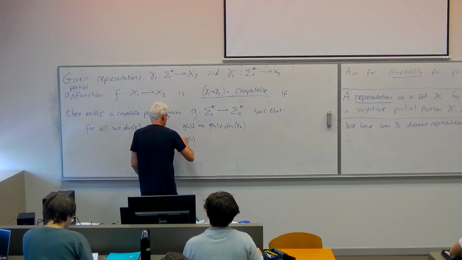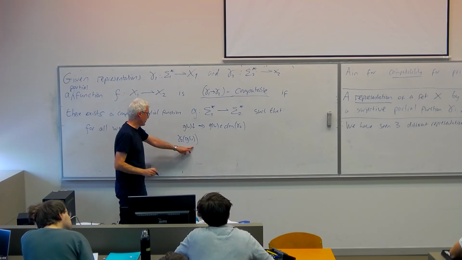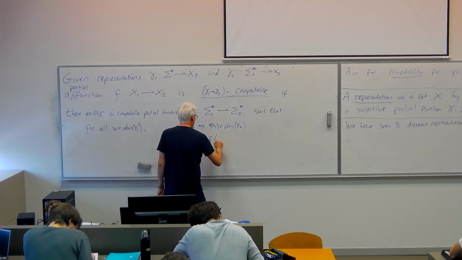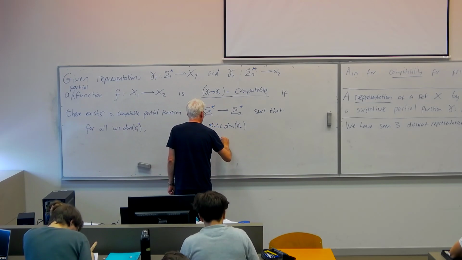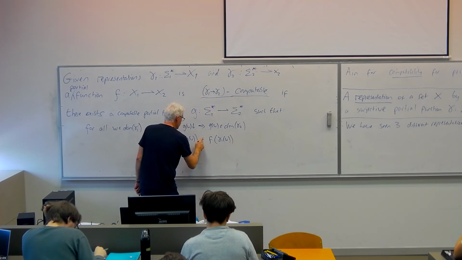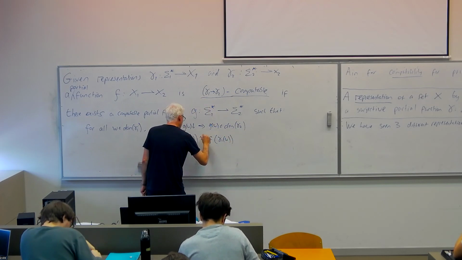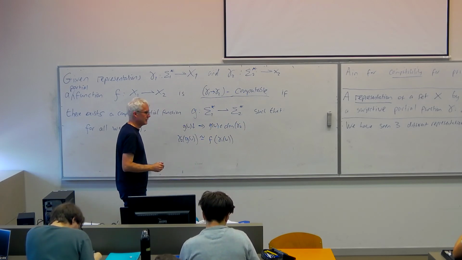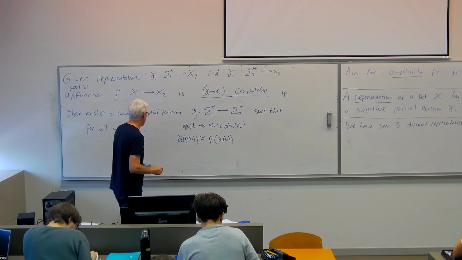We can get that element of X2 by applying the representation function, and that should be the same thing as applying f to the element of X1 that we got from the word. And once again, this is a clean equality because both sides may be undefined here. One needs to be defined if and only if the other is.